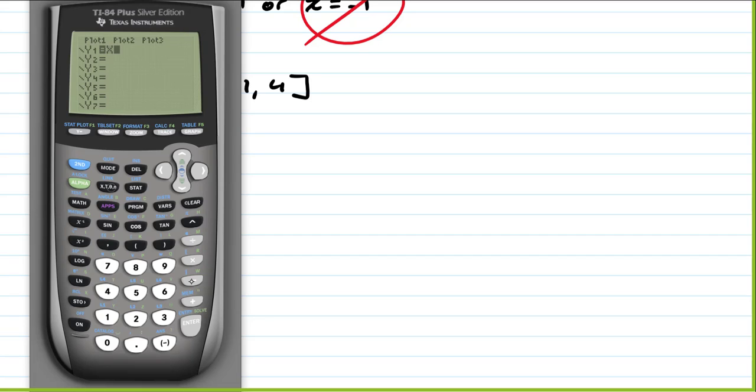so y equals x minus 2 times the inverse tangent of x. And we go alpha trace of 0, y1 of 1, and y1 of 4.